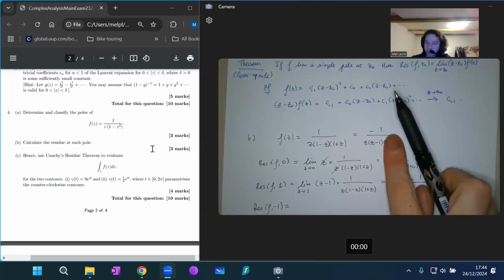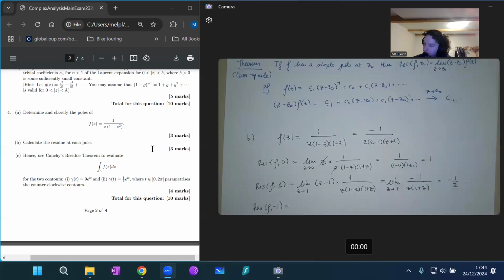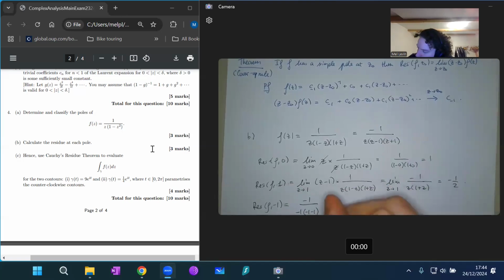I cover it up, and if I plug in -1, I get -1/2 again. Let me be careful: -1 over -1 times (-1 minus 1). That's a lot of negatives, but we do get 1 over -2, or -1 over 2.